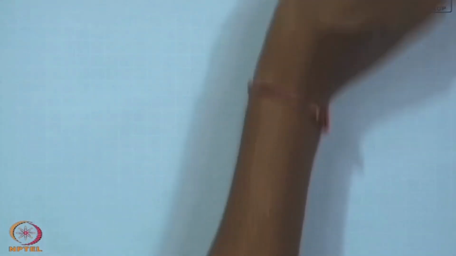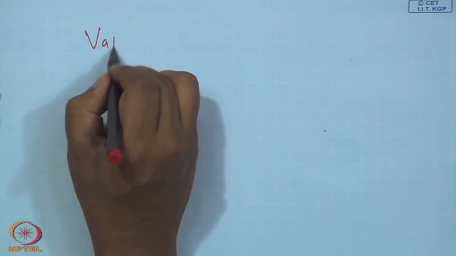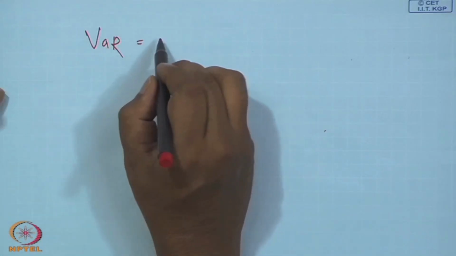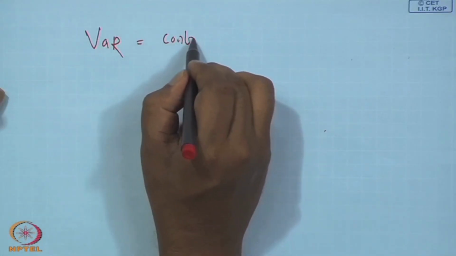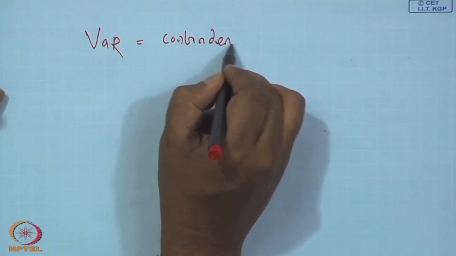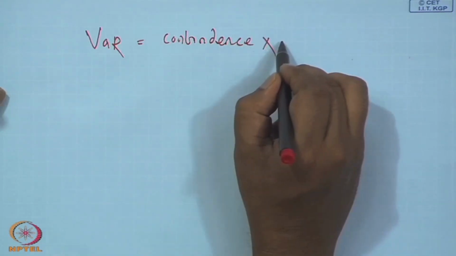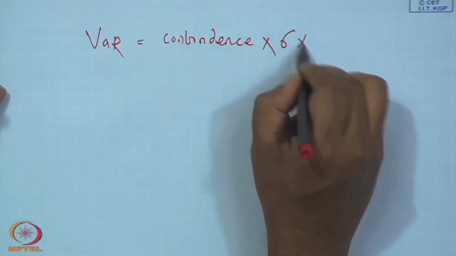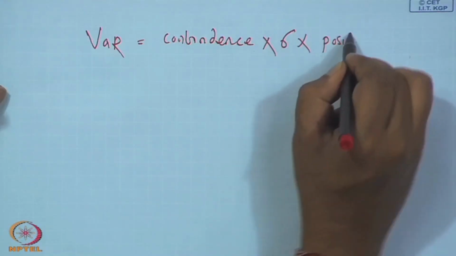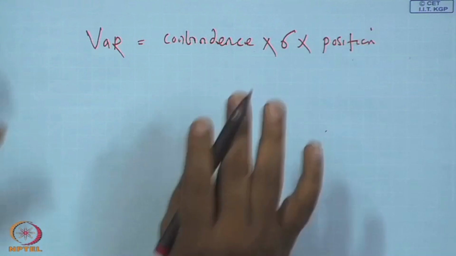How to calculate it? I told you the VaR is the confidence limit into the sigma of volatility into the position, meaning how much foreign exchange you have purchased.